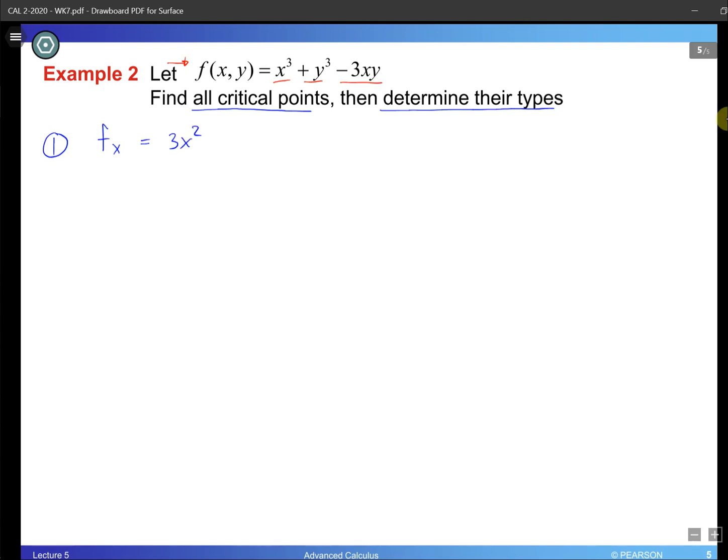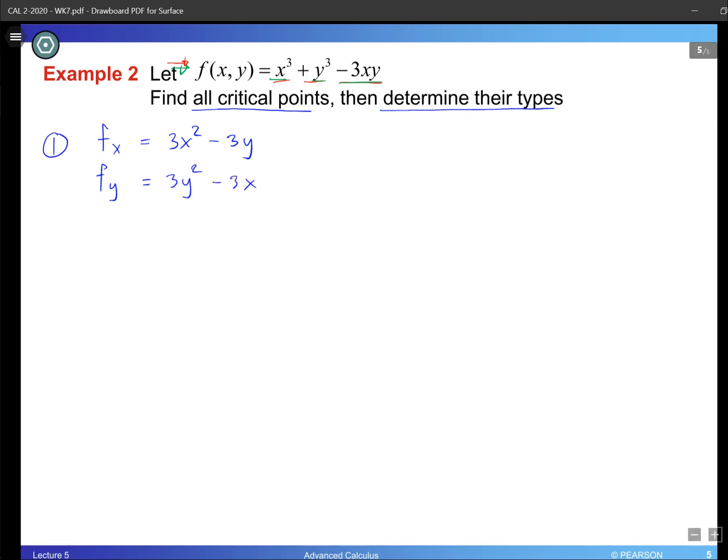So there you go, we have this minus 3y. And f with respect to y equals, differentiating this same function with respect to y, the first term goes to 0. The second term becomes 3y squared. So 3y squared is what we get for this one. And then differentiating this with respect to y, we get this minus 3x.